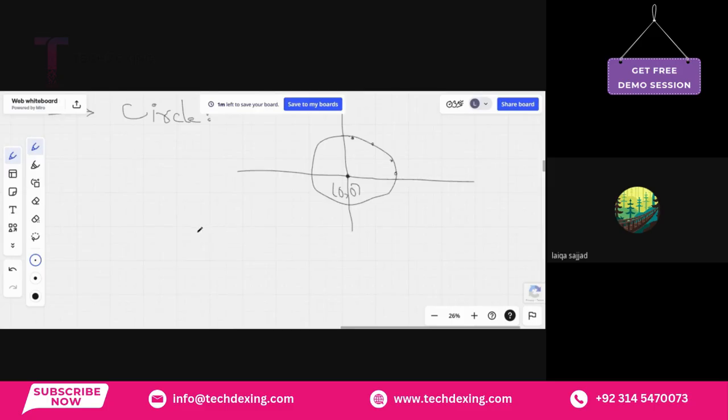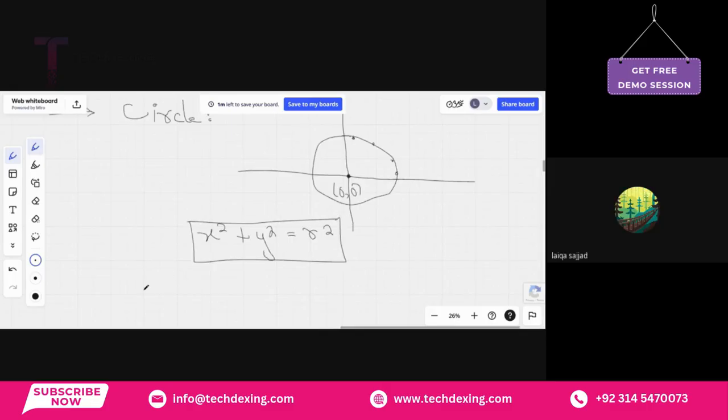It says that for all the points that exist on the circle, the square of the x coordinate of any point plus the square of the y coordinate of the same point which we are talking about is equal to r square. So this is the formula that we use.